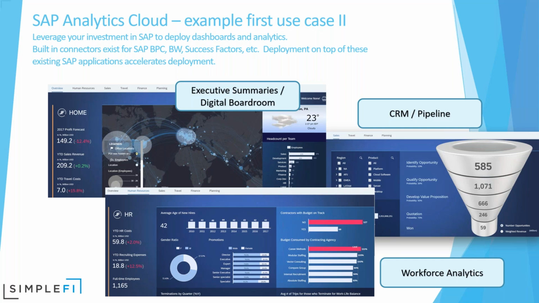There's no special configuration, no coding that you need to do for that. So again, executive flash type summaries, not only financial data, but HR data, sales data, whatever drivers you want to see from your business. This is a very advanced analytics tool.